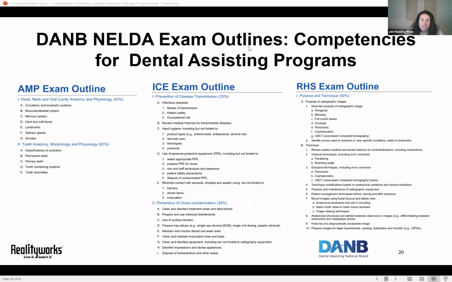So these really serve as a great roadmap and guideline as you're building your program.